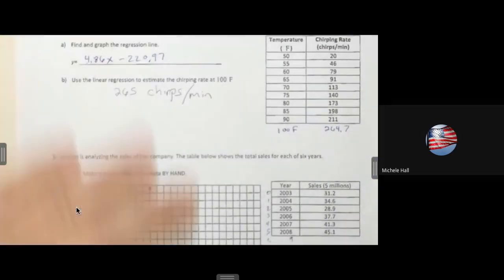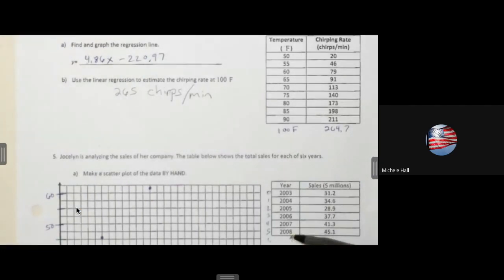It says that 5 is 2008, so 6 would be 2009, right? So what number do you think X is?